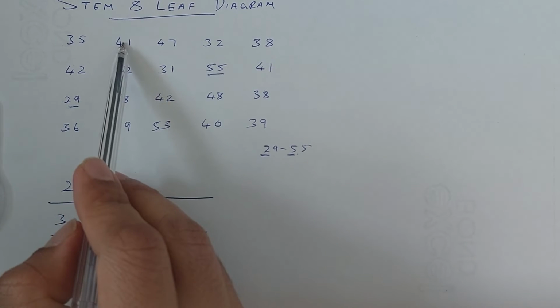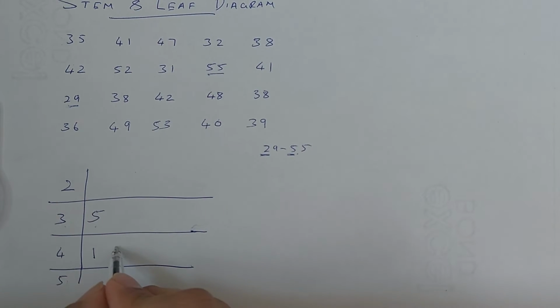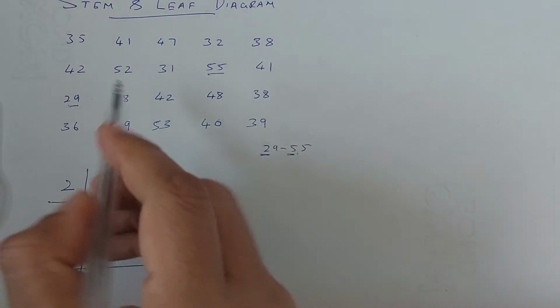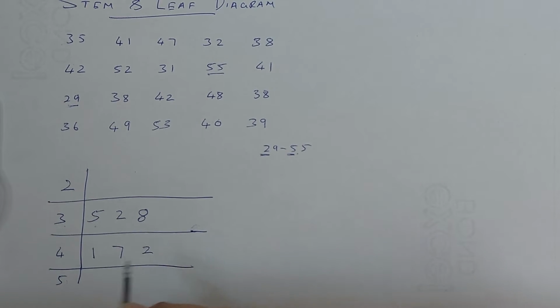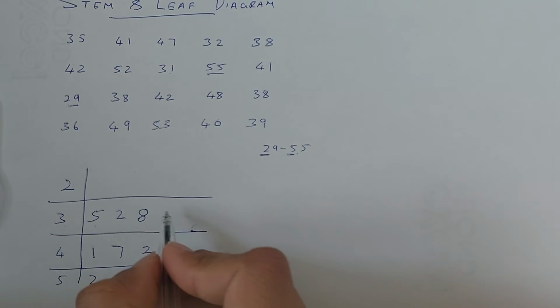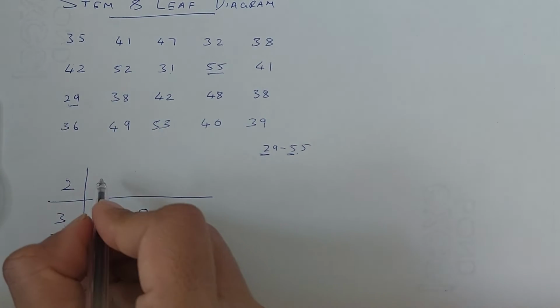So 41 is 4 and a 1, 47 is 4 and a 7, 32 is 3 and a 2, 38 is 3 and a 8, 42 is 4 and a 2, 52 is 5 and a 2, 31 is 3 and a 1, 55, 41, 29.